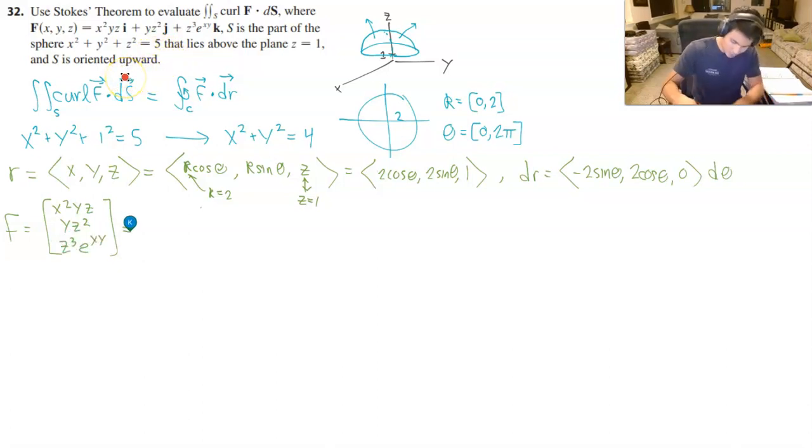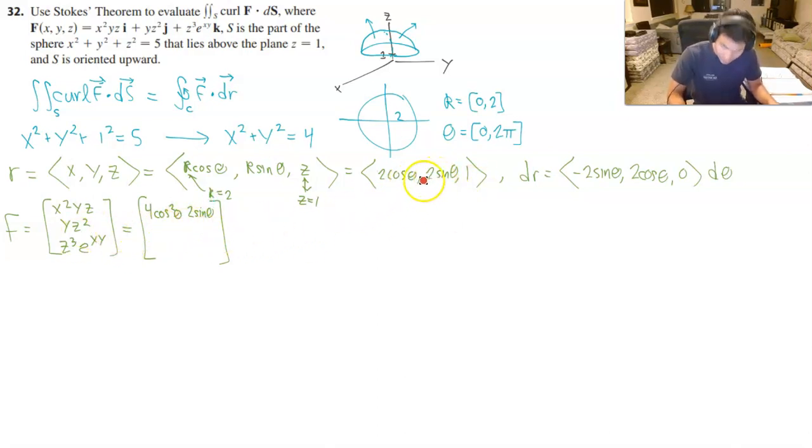So if we insert our stuff into here, x squared is going to be 4 cosine squared theta, and y is 2 sine theta, and z was 1. And then what's y?